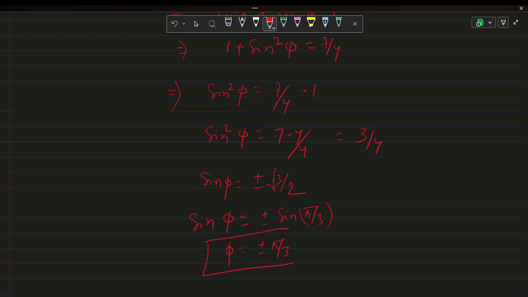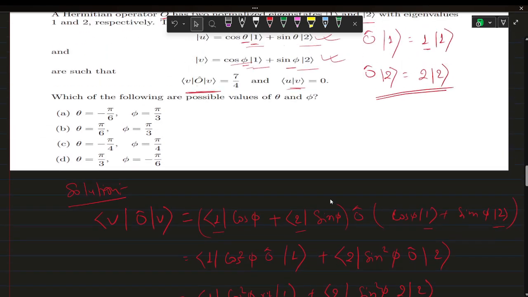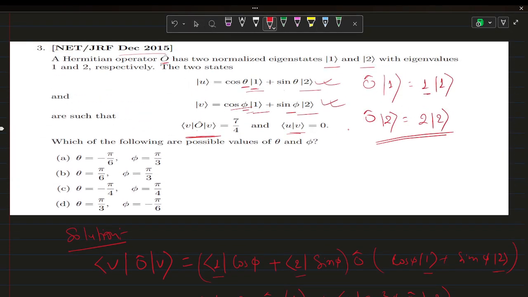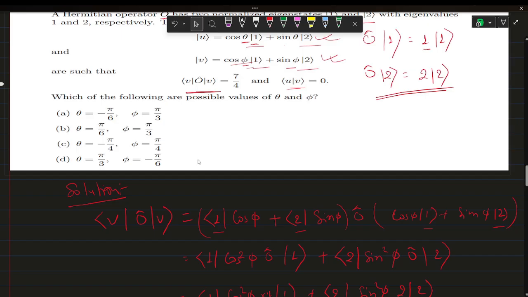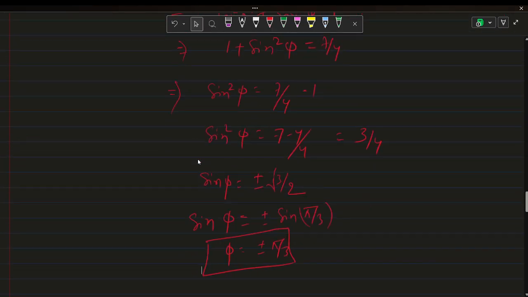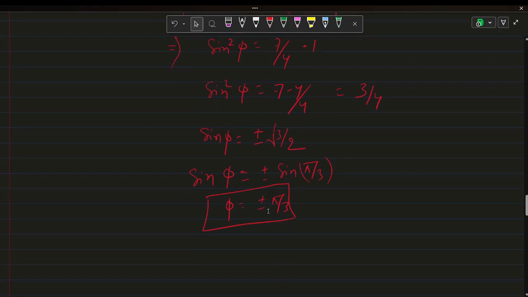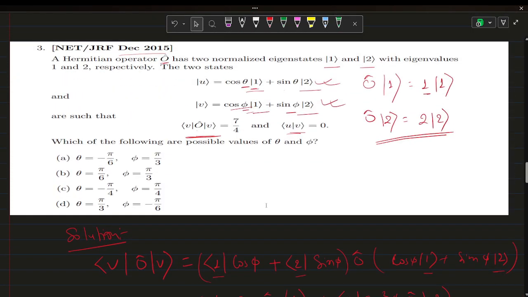The value of φ will be plus or minus π/3. So the solution is plus or minus π/3, that is φ = +π/3 and φ = −π/3.